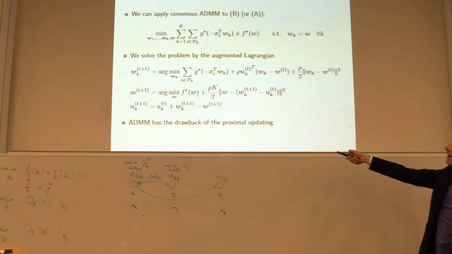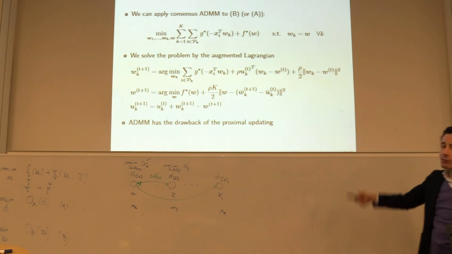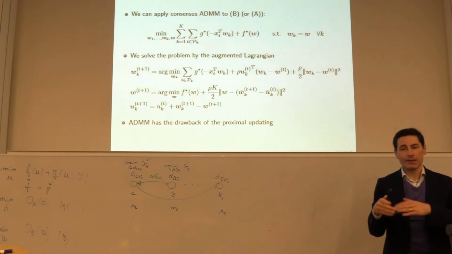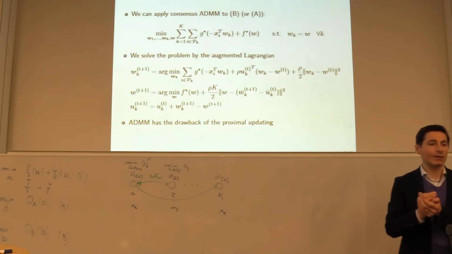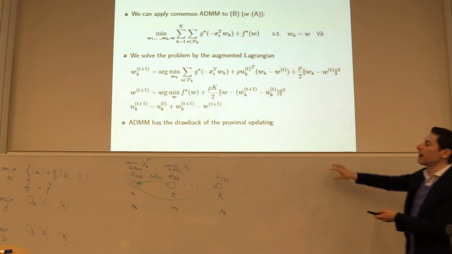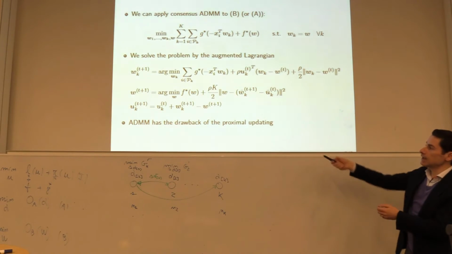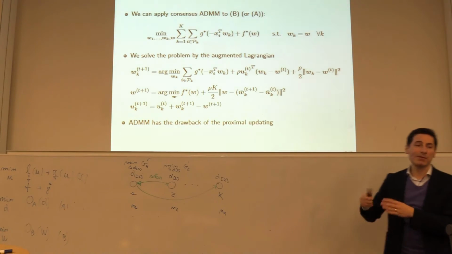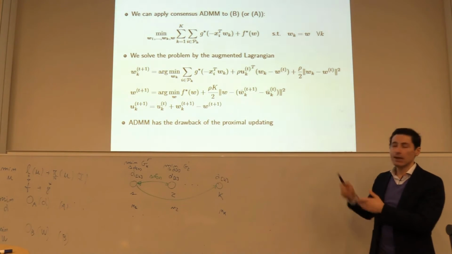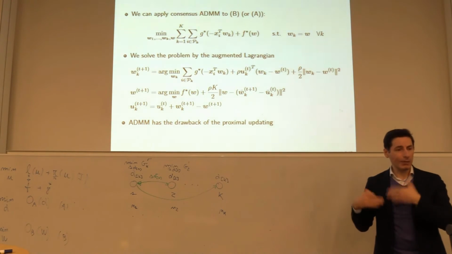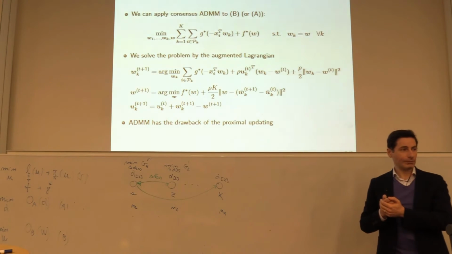It's an additional computation that has to be done, and in general it might not be easy to distribute. So we will need a third party that does this, or we have to come up with some ingenious way to distribute the computation of this term, with further communication and further computations.